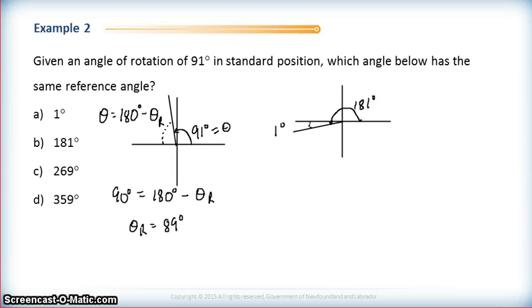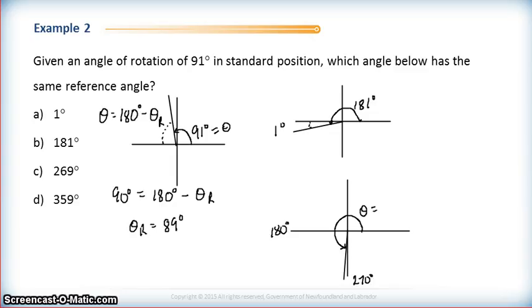Option C, 269 degrees. That would be in the third quadrant, very close to our 270 degree angle. But don't forget, the reference angle has to be made to the closest part of the x-axis, not to the y-axis.